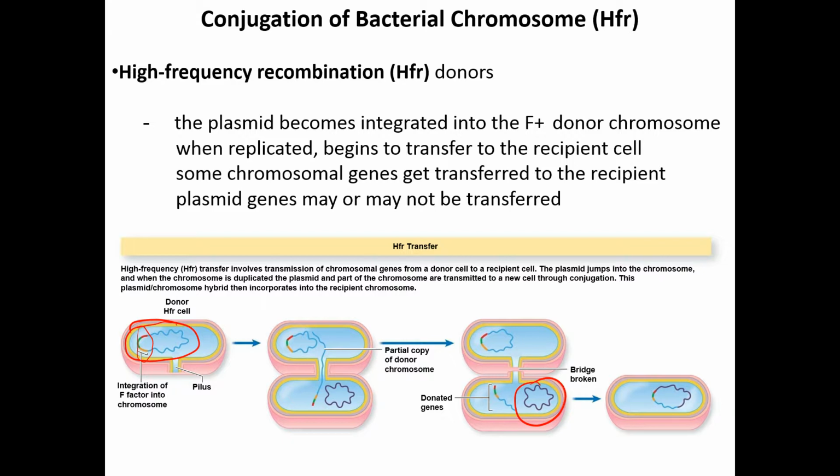And as this plasmid is cut out and replicated, copied and transferred into the F minus cell, it's going to not only get the plasmid, but it's also going to get other genes. And then this series of genes is going to incorporate into the bacterial nuclear chromosome.